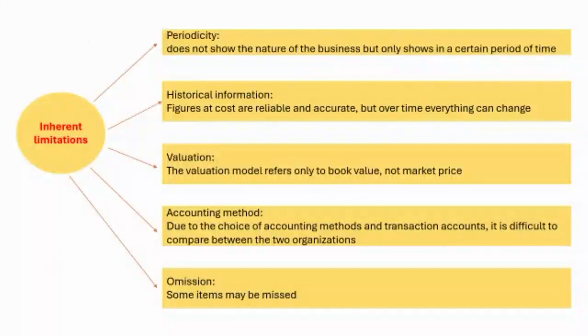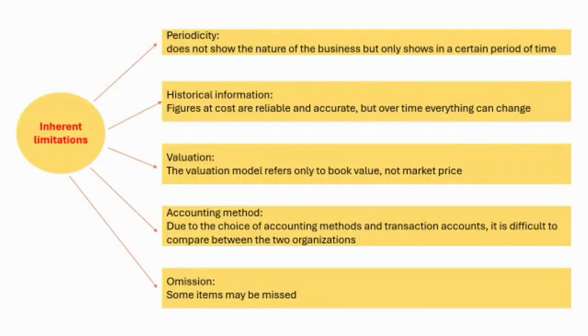As you can see on the screen, there are some inherent limitations. Periodicity does not show the nature of the business, but only shows a certain period of time. About historical information, figures are, of course, reliable and accurate, but over time everything can change.